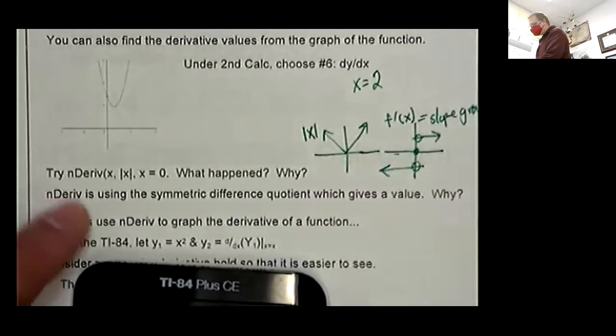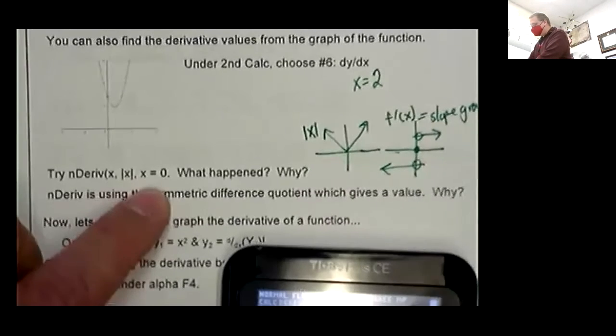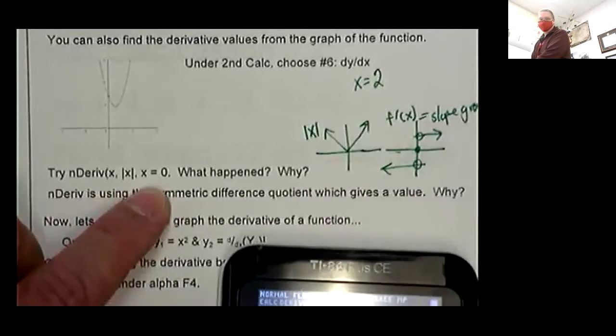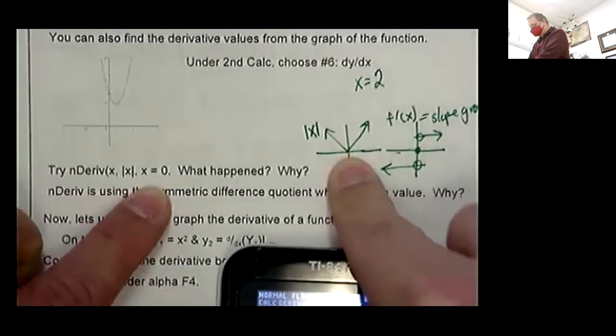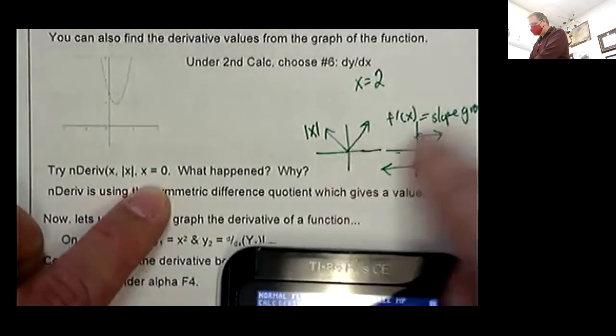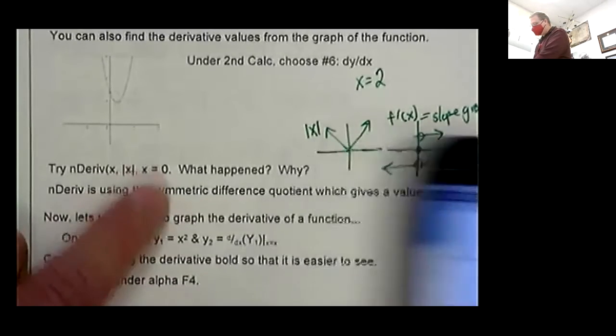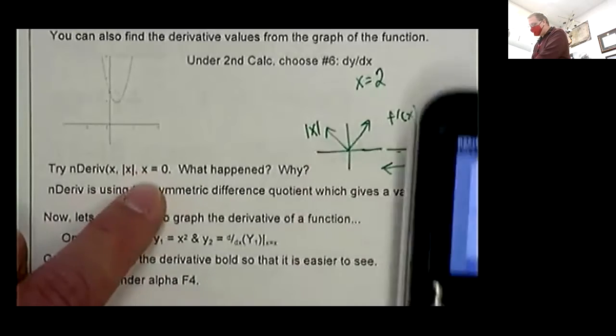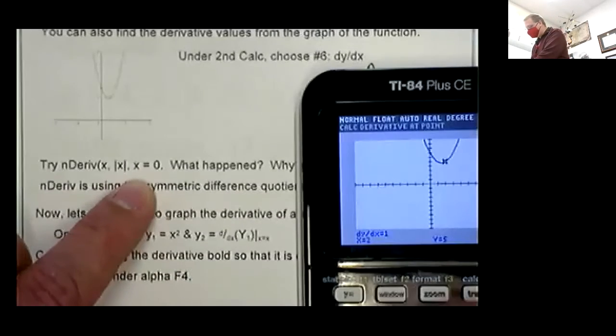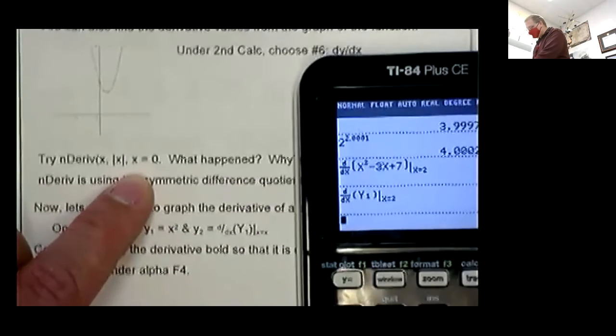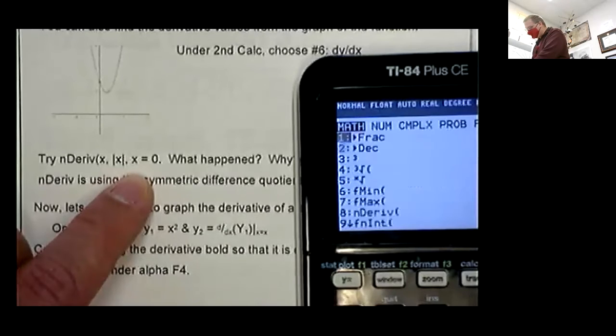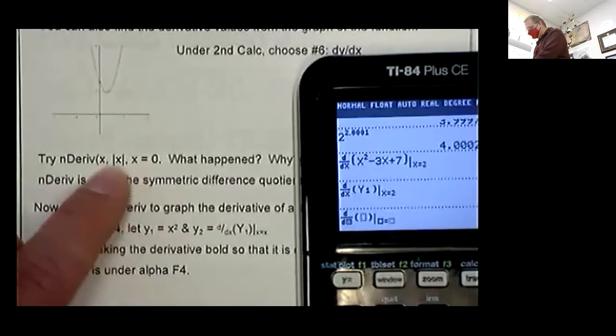Right, and that's the graph of our derivative function. Let's try using nDeriv on this and see what happens, because we know that this is not differentiable because of the corner, right? There's no derivative at 0. So let's see what happens if we try that. Let's quit out of this and go back to math, nDeriv.